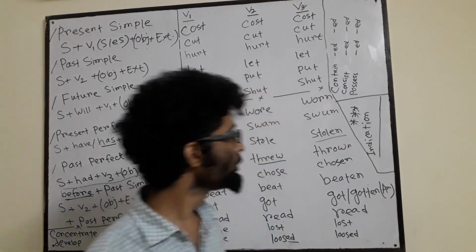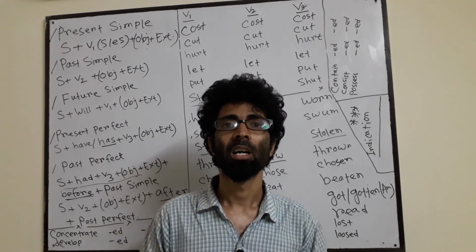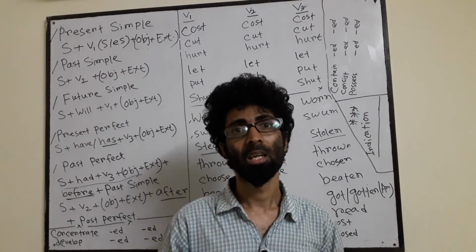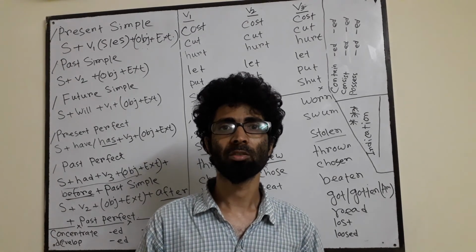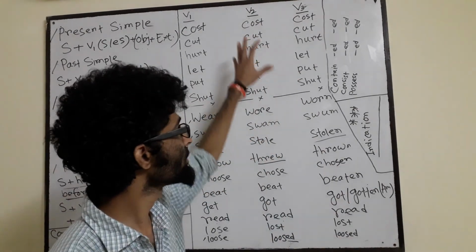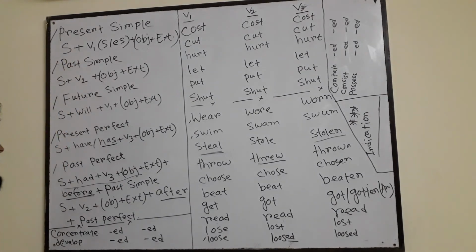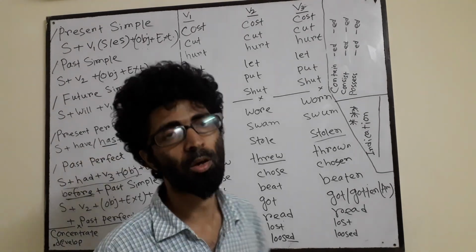Okay, so if we know the different types of tenses and their uses, then we will be able to make some sentences on our own. If we don't know the conjugation of verbs, the types of tenses, their structure and their uses, it will be harder for us to make sentences on our own.